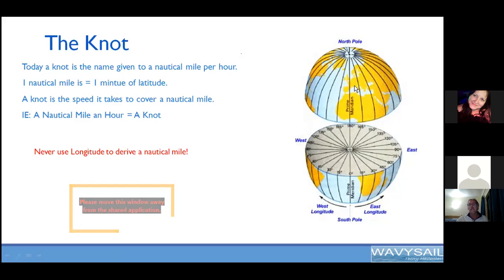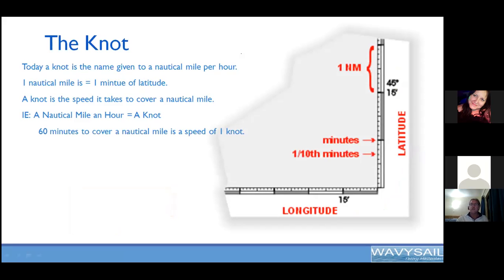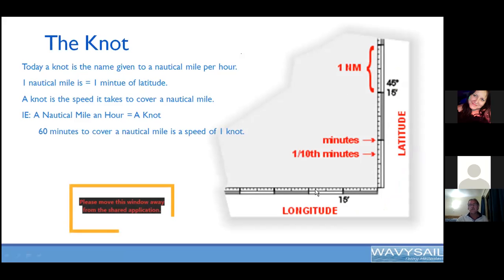It must be latitude, which is even. It's even the whole time. You'll note here on the little cutout that I've got, that distance is different to that distance. Okay? Because this is not on the equator. The equator is the only time that they match. So there's your minutes, making up 1 nautical mile, and there's your tenths.